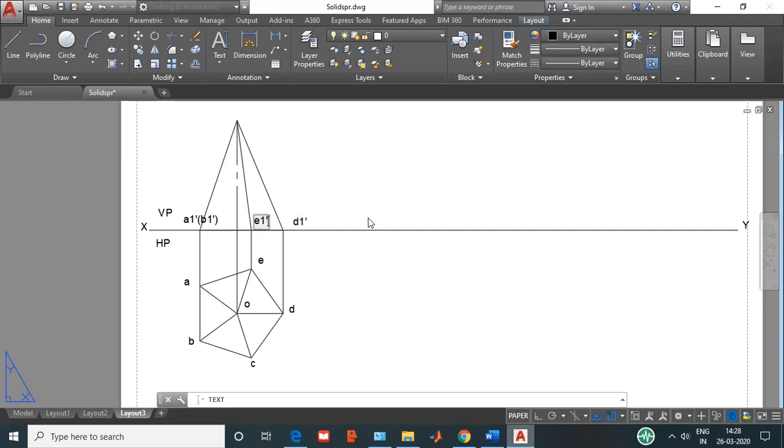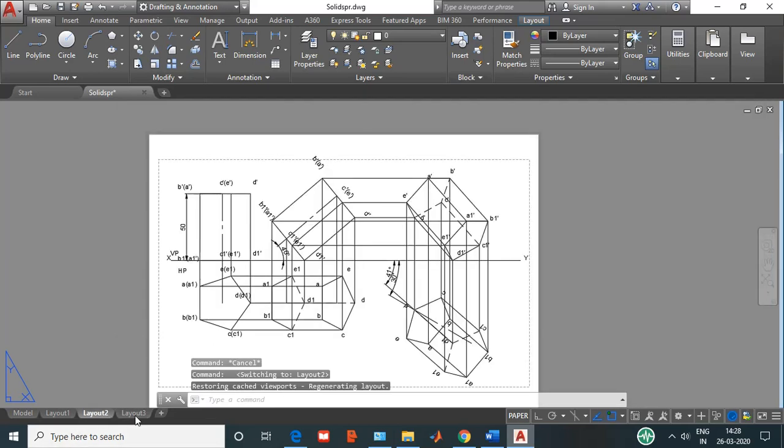So E1 dash should be within the brackets, so C1 dash. So this is how it will look.